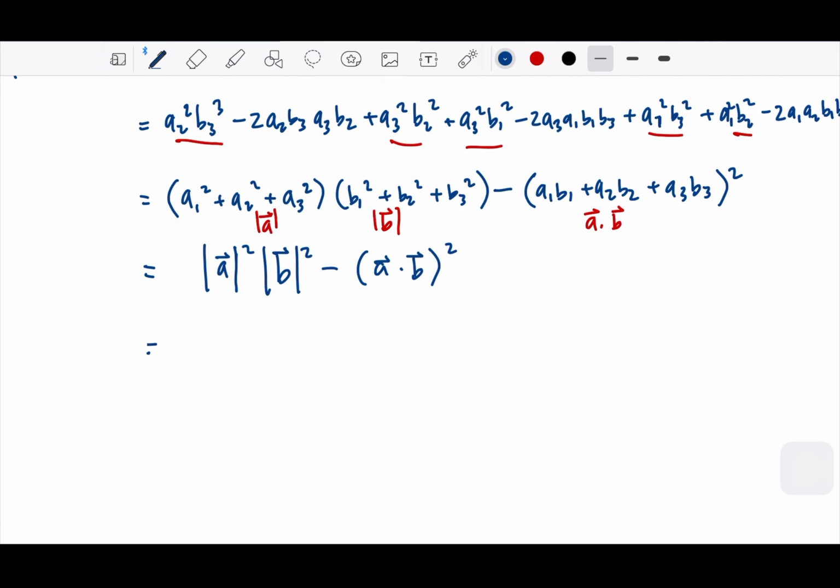And then we can set up the dot product with the cosine formula. So let me square it like that.